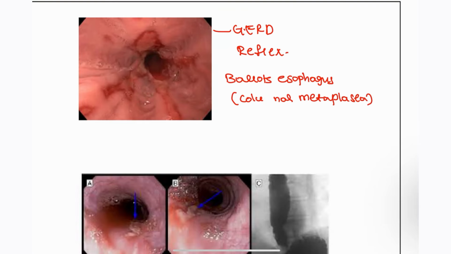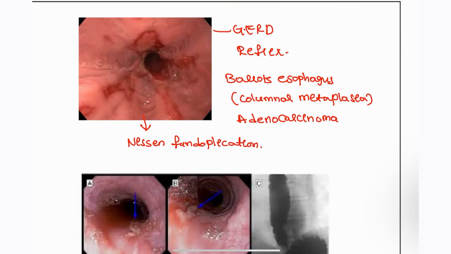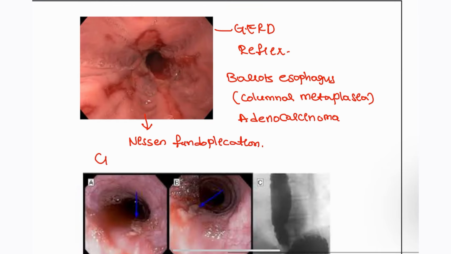What is that carcinoma, guys? Adenocarcinoma will be seen if it progresses. What is the surgery we are going to do? Nissen fundoplication. What is the best test? The gold standard test for this patient is 24-hour pH monitoring. If you see a rise in the pH, then yes, reflux is likely present in this patient.